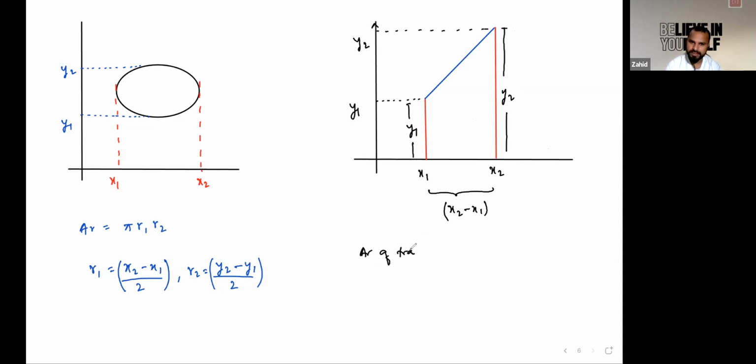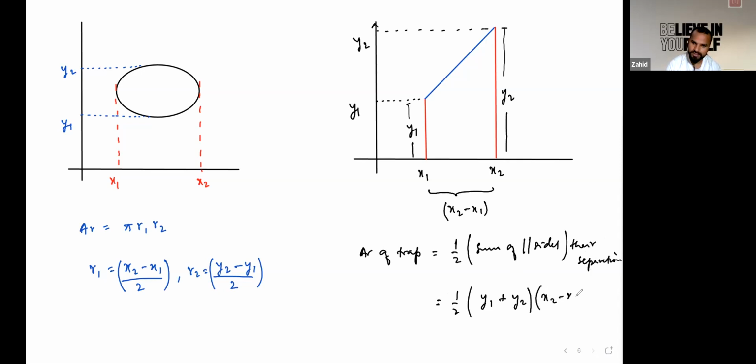So the area of a trapezium is equal to half the sum of parallel sides into their separation. In this figure, the parallel sides are y1 and y2, and their perpendicular separation is x2 minus x1. Is it clear? Yes, sir.